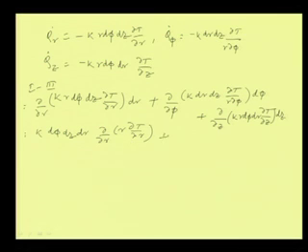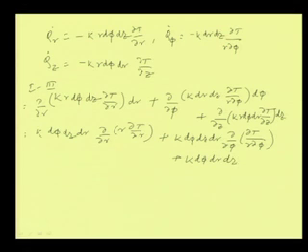Then we get plus k into d phi dz dr into del by del phi of del T by r del phi, plus k into d phi dr dz into r into del by del z of del T by del z.